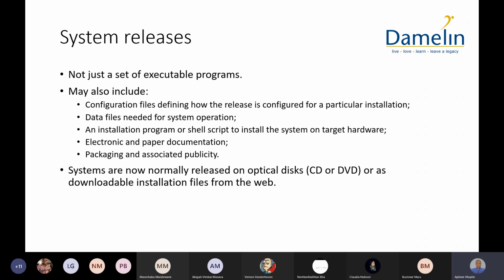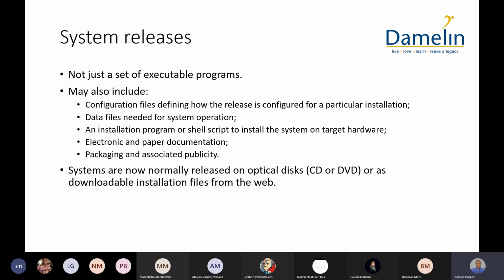So system releases are not just a set of executable programs. Another thing to consider about a release, in contrast to a version, is that it's not just executable programs. It's not just the code. It consists of a lot of other things.